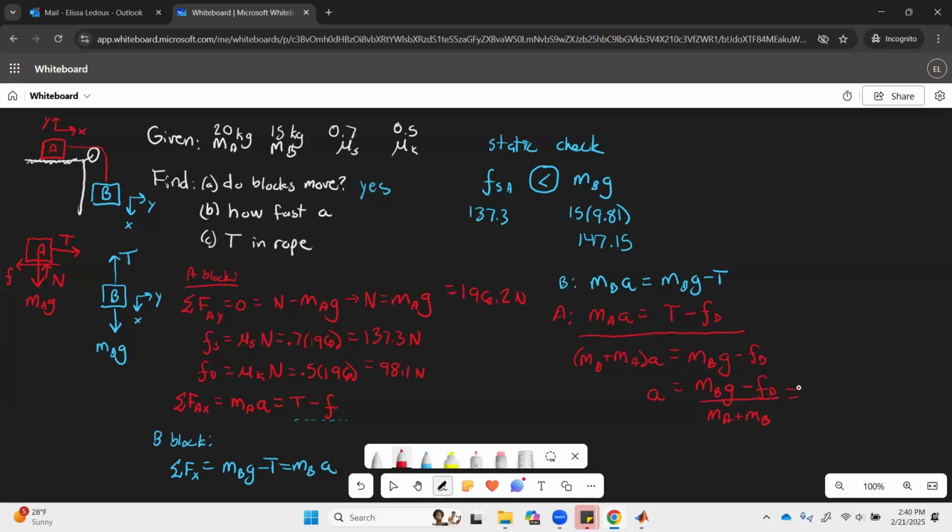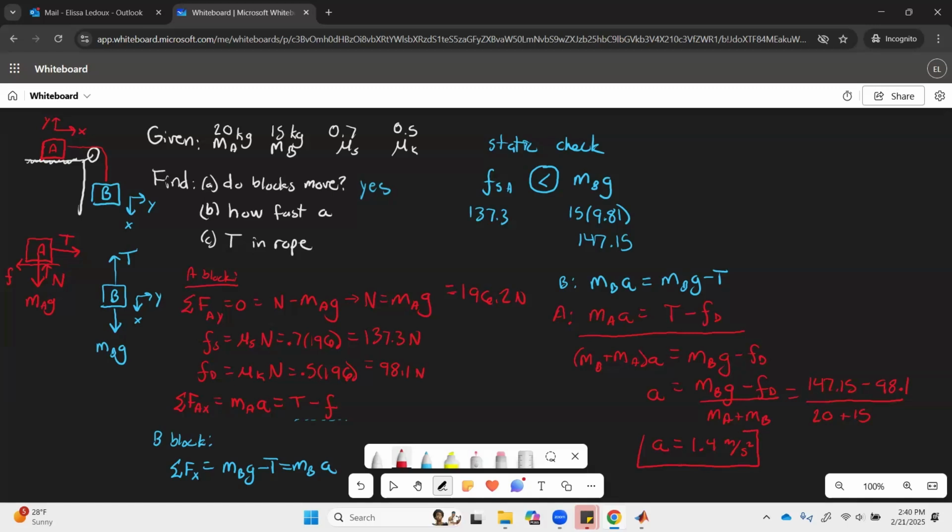And so if we plug numbers in here, we have MBg, which we found here, 147.15, minus the dynamic friction, which we got here, 98.1, over the total masses, 20 plus 15. So we put this into a calculator, and we get that a equals 1.4 meters per second squared.